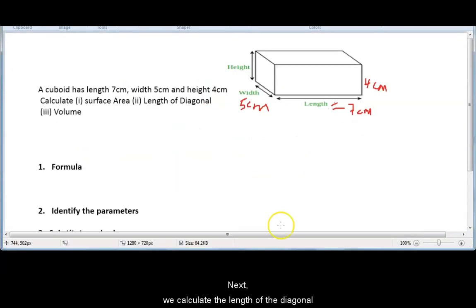Next, we calculate the length of diagonal.